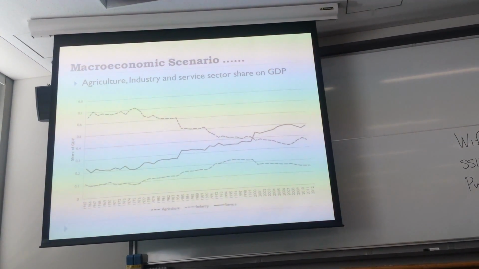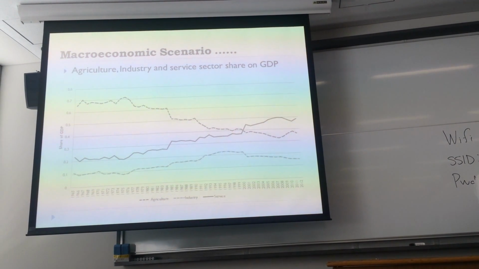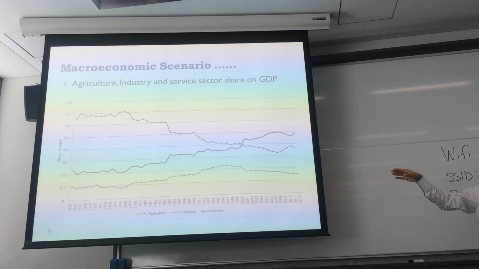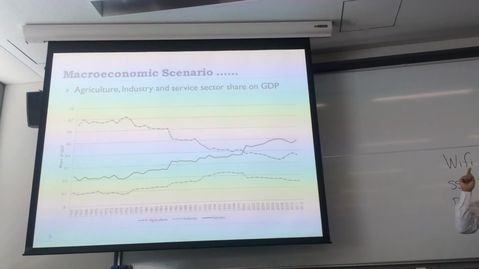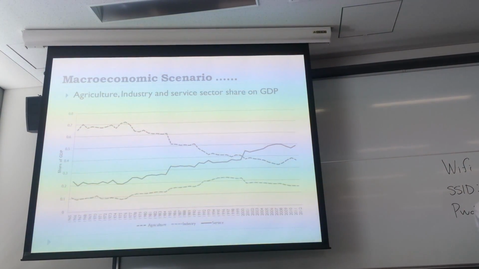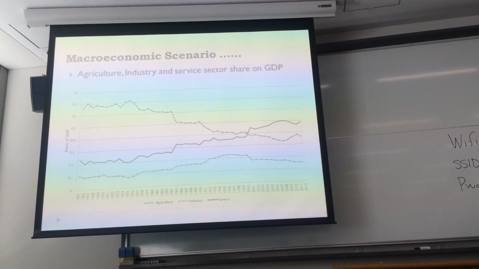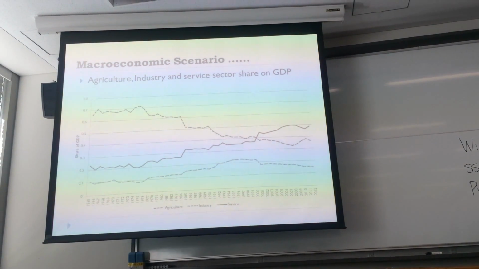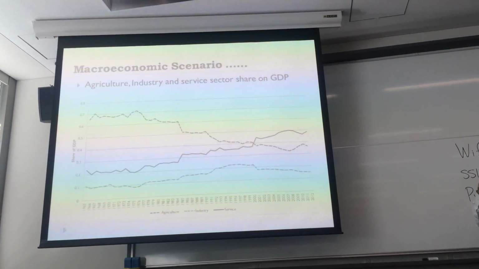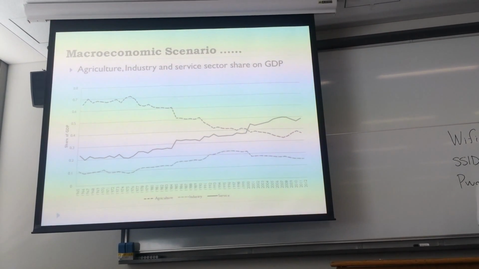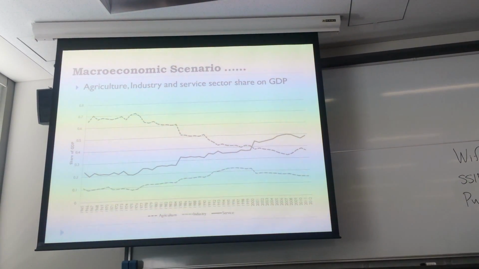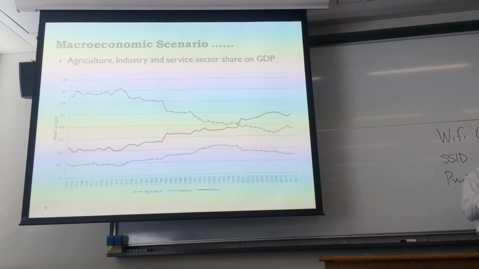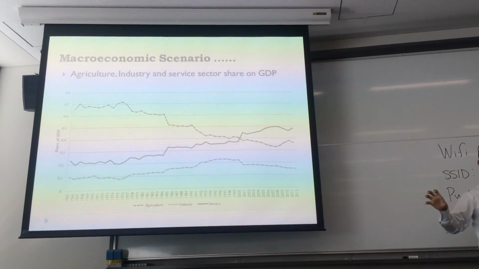For this particular figure, I'm showing these three things because there is a decreasing pattern from the very beginning in the agriculture sector. For this particular presentation, I segregated it as agriculture and industry, but for my analysis, I merged them. That means the tradable sector is agriculture plus industry, and the non-tradable sector means the service sector.